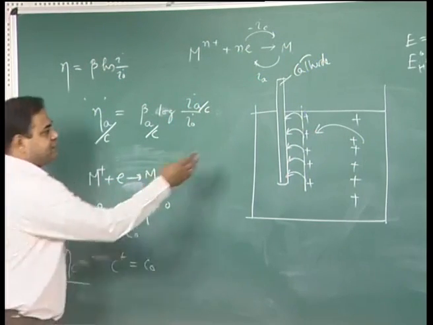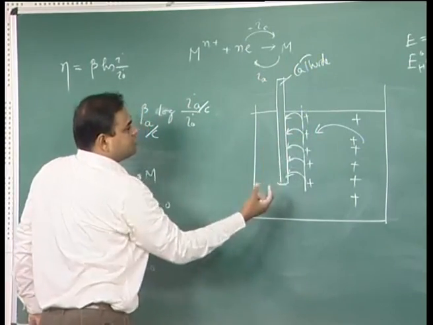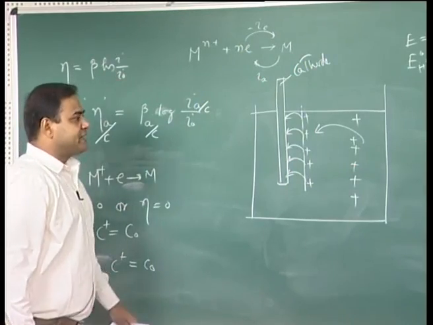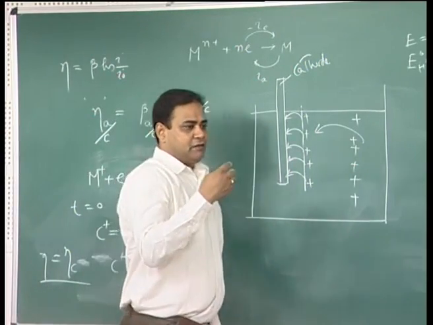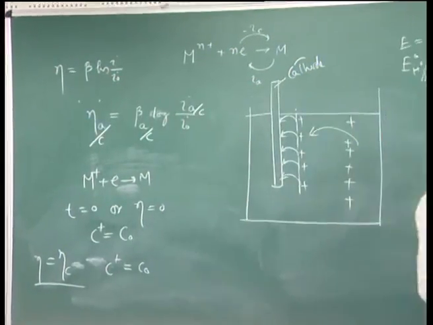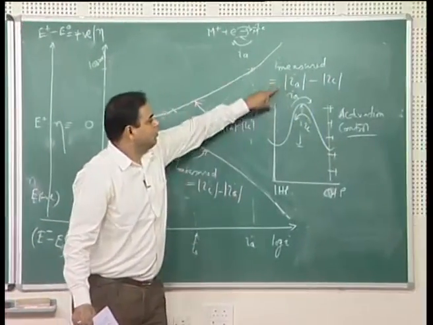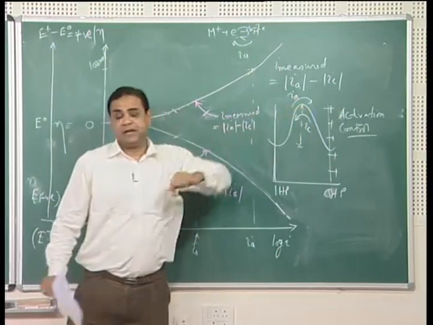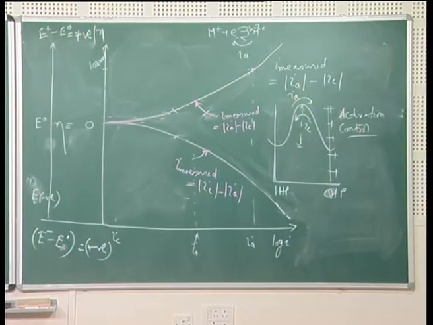So this diffusion process is faster than the deposition, and my rate controlling step would be the rate at which the metal ion is crossing this activation barrier. So this is activation control.